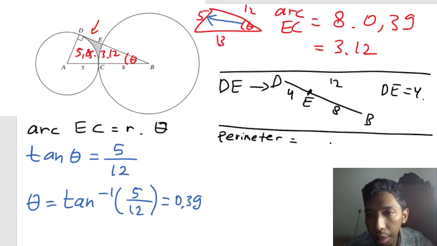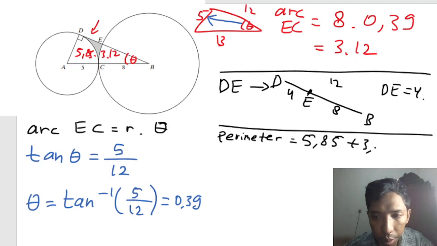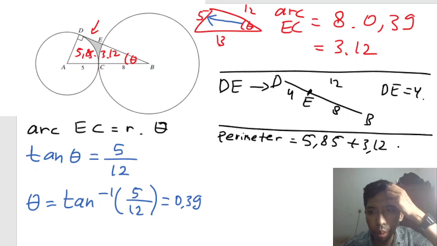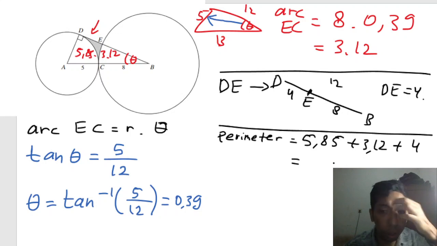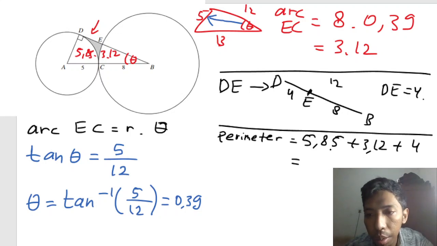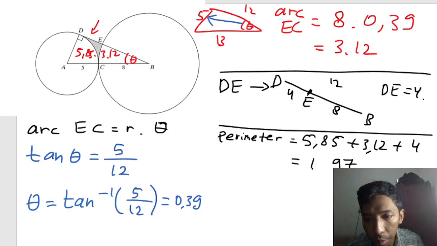And then lastly, the perimeter. The arc one is 5.85 plus 3.12 plus 4. If we add it, the decimals become 0.97, then 8, then 12, so it becomes 12.97.